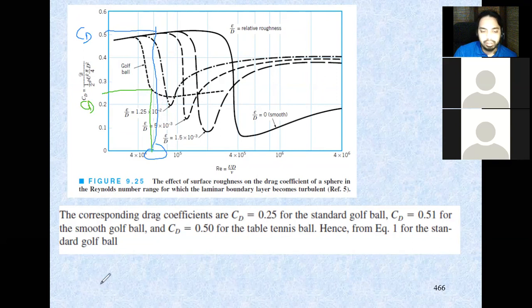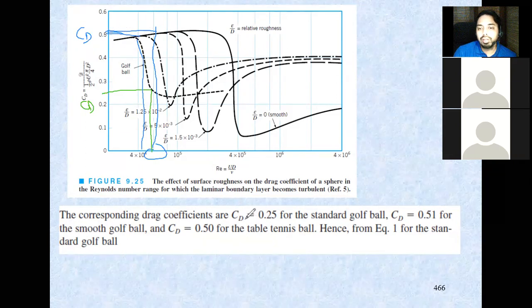While for the tennis ball, CD is a little bit over here, I believe, because the Reynolds number is smaller. Let's say somewhere over here. And since it's smooth, you can have this, so 0.5.